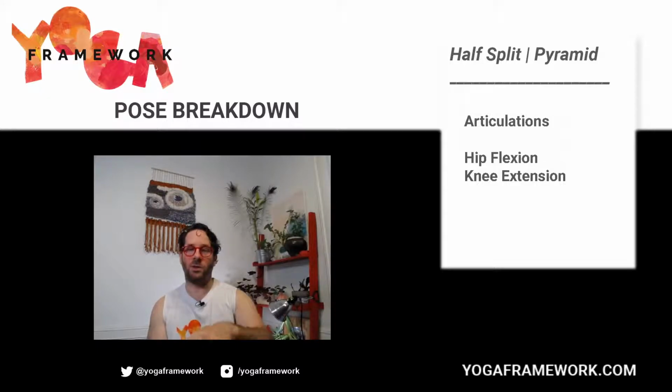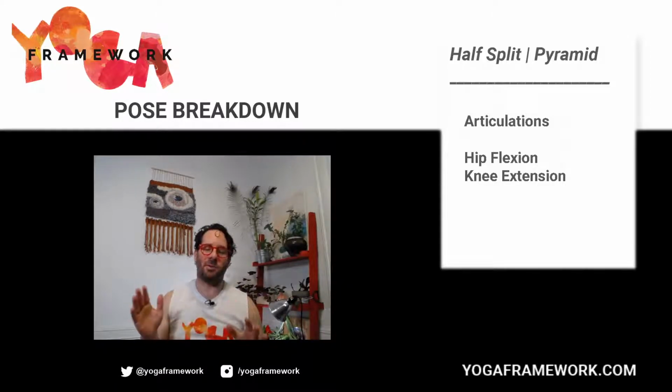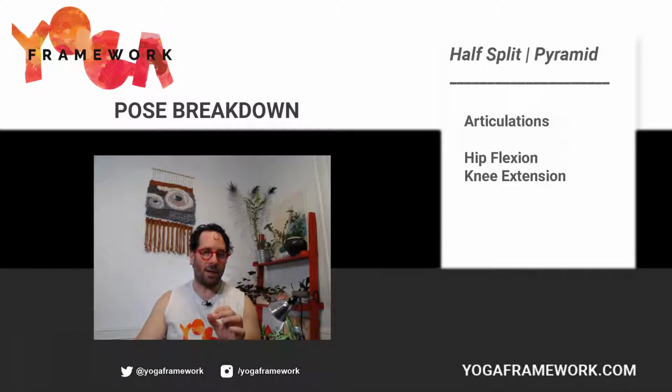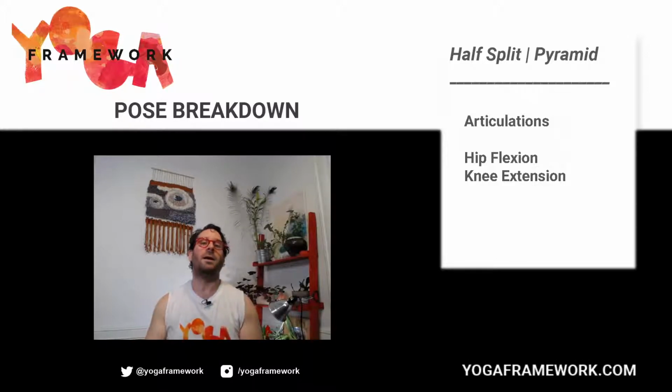So in any fold, especially these two, half split and pyramid, we're going to look for hip flexion first, then knee extension. And I know you're probably thinking, well, in a split, isn't it more the legs and not the fold? And yeah, it could be, but for safety and flexibility and for the muscles that are actually used in the pose, you want to do it this way. And I'll show you as we go over that more.